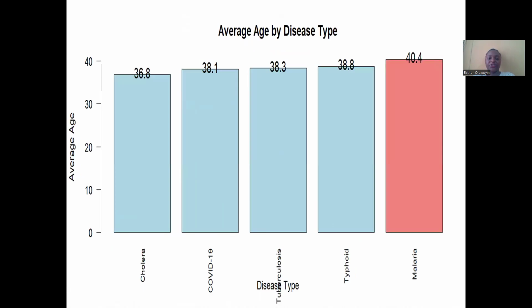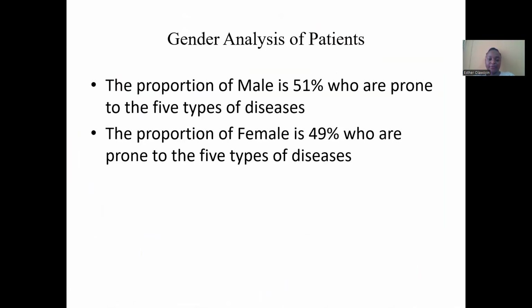This shows the average age by disease type. The highest disease in this data set is malaria. So most people in this data fall into this malaria category. They fall sick by malaria.